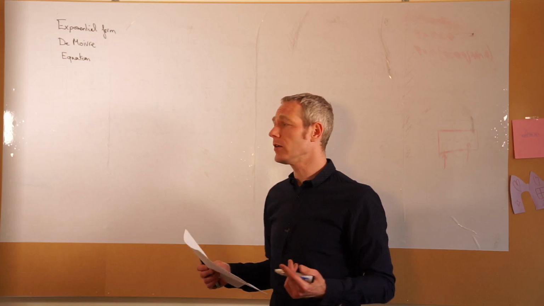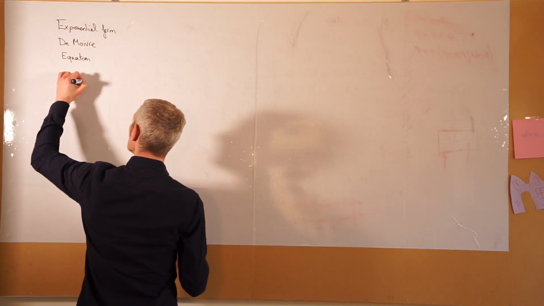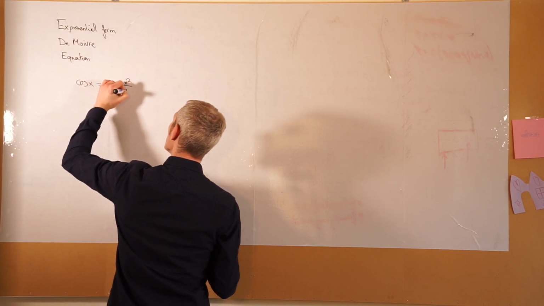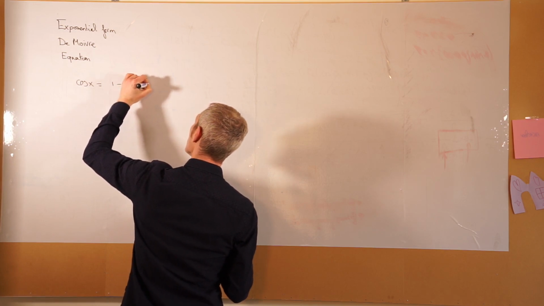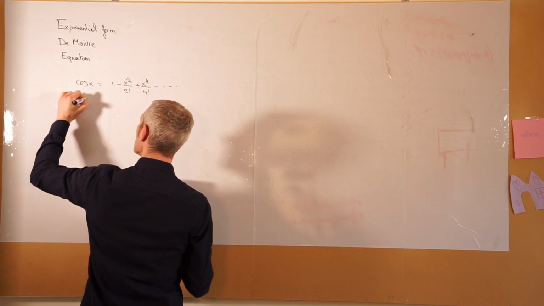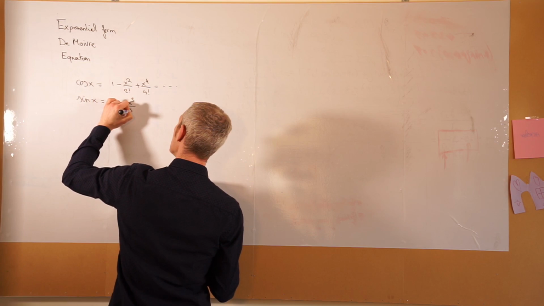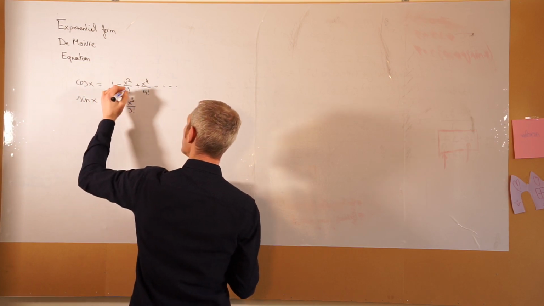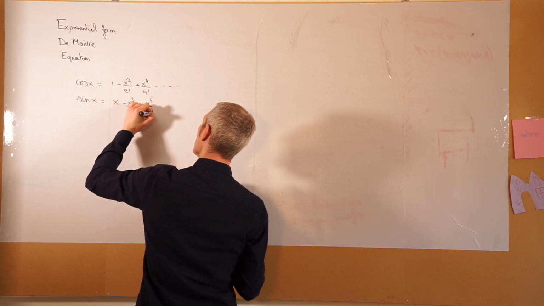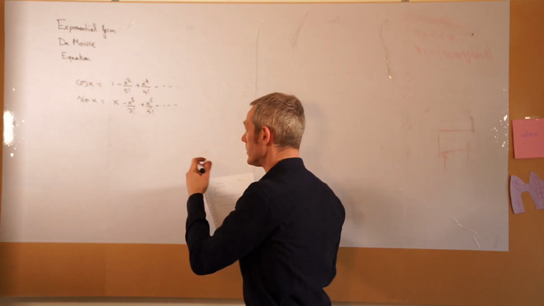Some of you will be familiar with Taylor series or Taylor expansions, where we can write cosine of x as 1 minus x squared over 2 factorial plus x to the power of 4 over 4 factorial minus etc. Sine of x can be written as x minus x to the power of 3 divided by 3 factorial plus x to the power of 5 divided by 5 factorial, and this series continues.